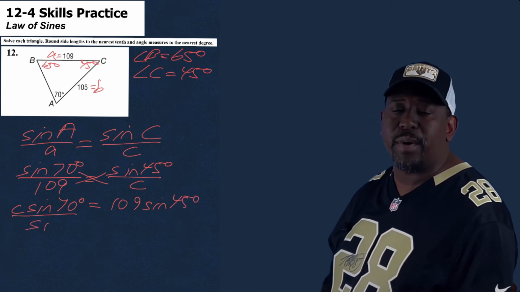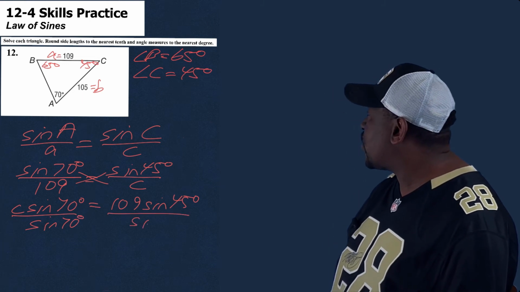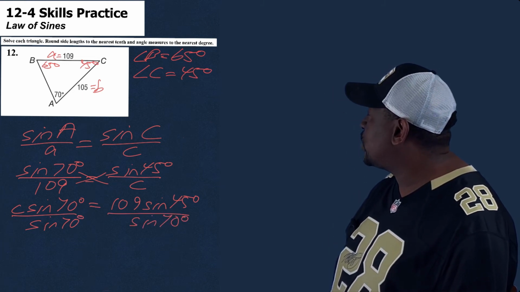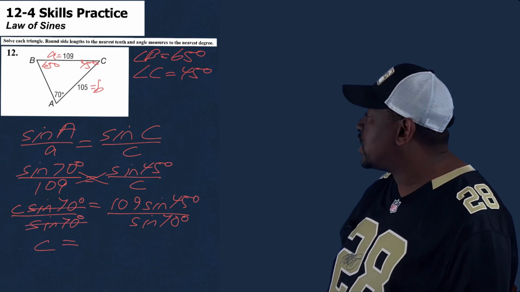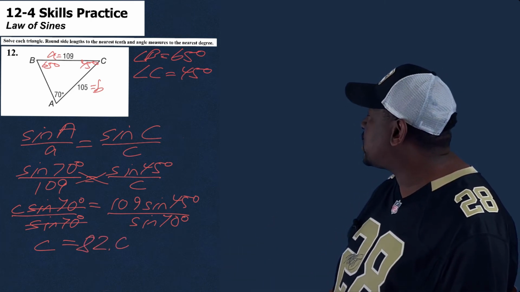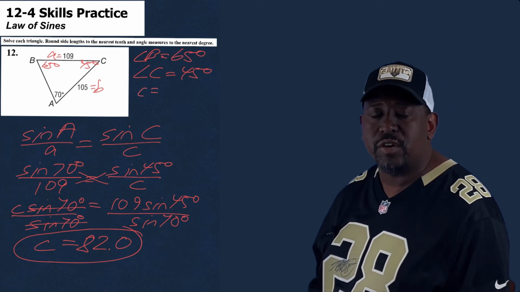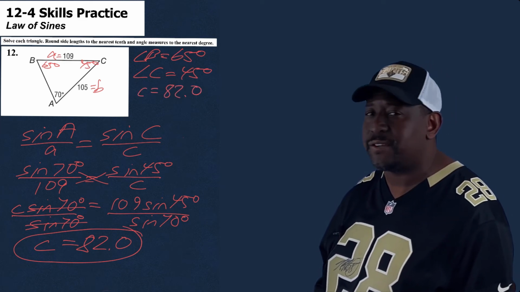We're going to divide both sides by sine of 70 degrees, because that's the inverse. Then we will get our answer for C. So we take the quantity of 109 times sine of 45 degrees, we divide that by sine of 70, and we get a value of 82.0, which is the length of side C.